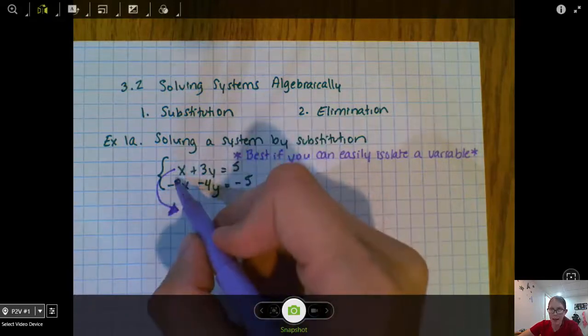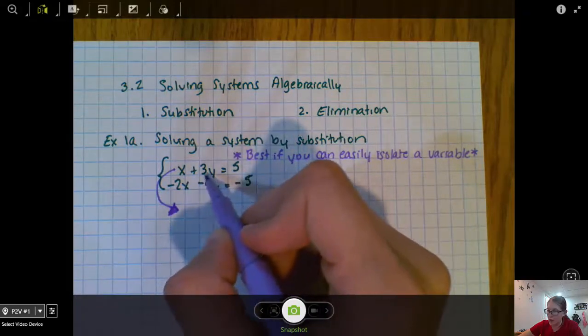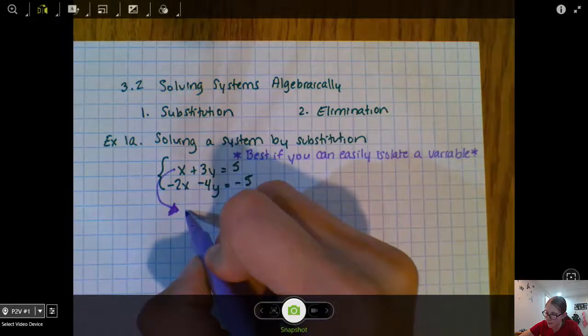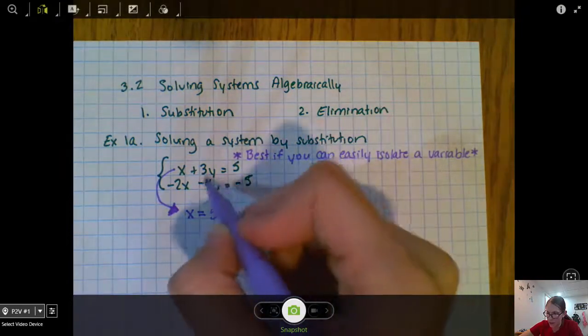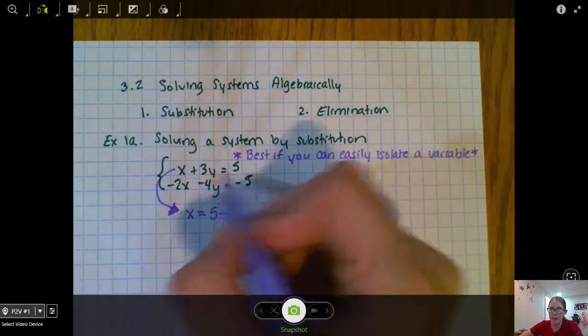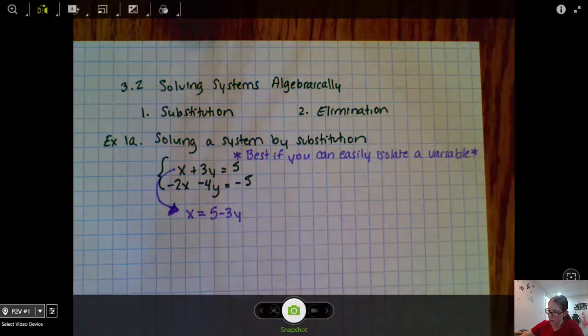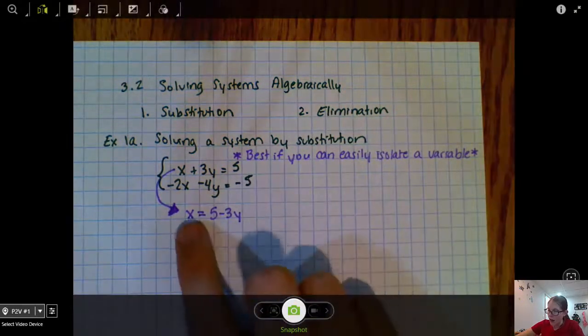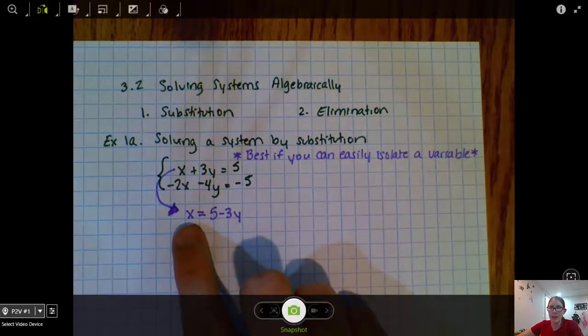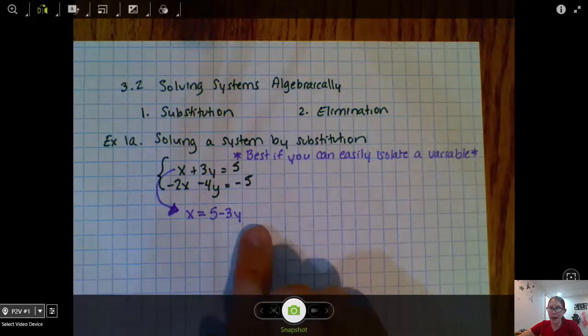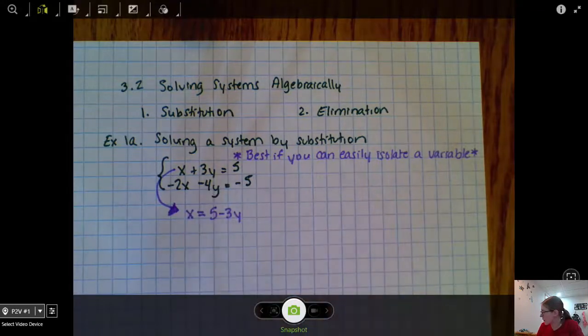I can get x by itself by subtracting 3y from both sides. So x equals 5 minus 3y. And again, I just subtracted 3y from both sides here. Once you get a variable by itself, then we take this 5 minus 3y and plug it in for x in my other equation.